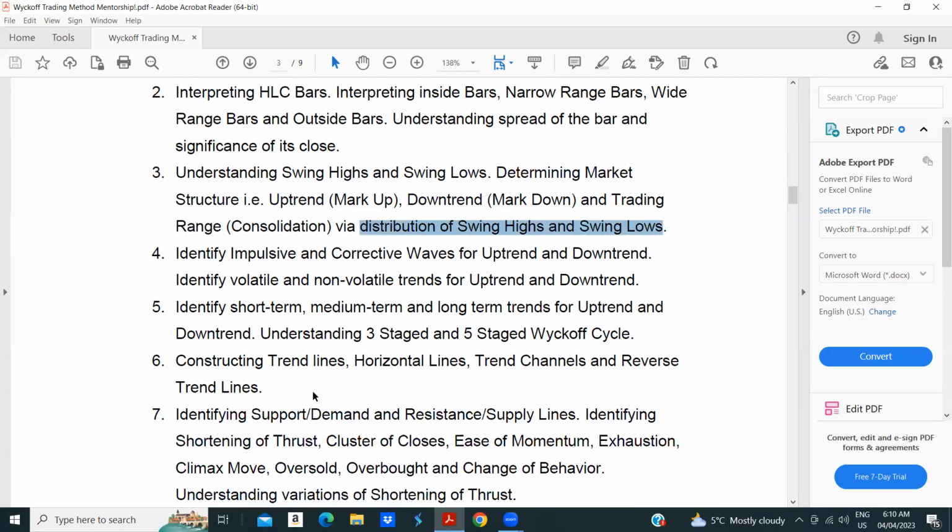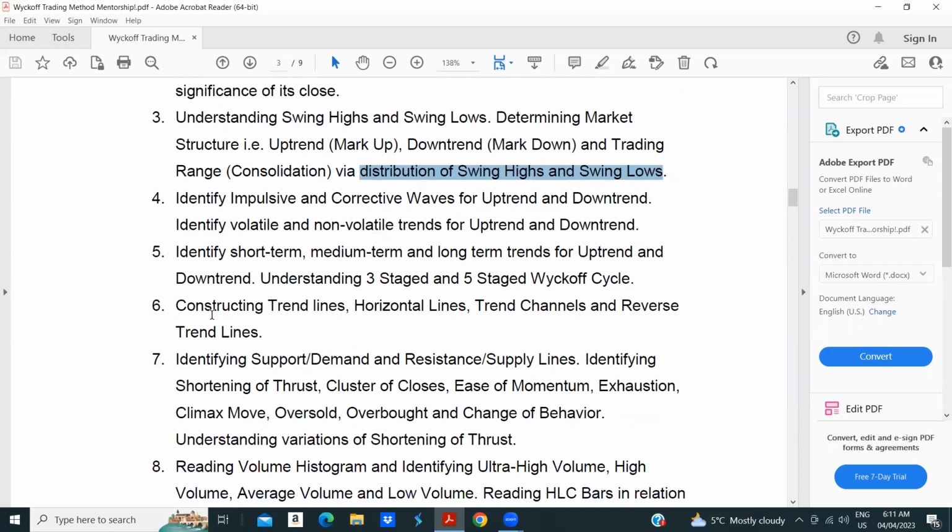Then we're going to move on to the identification of short-term, medium-term, and long-term trends for both uptrend and downtrend, and we will further develop this idea into the 3-stage and 5-stage Wyckoff cycles. Then we will learn how to construct the trend lines, the horizontal lines, the trend channels, and how to use the reverse use of trend lines.